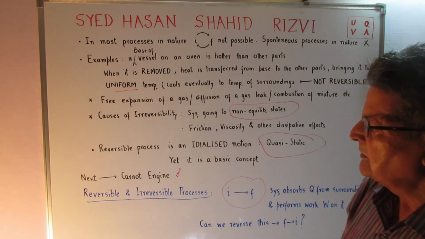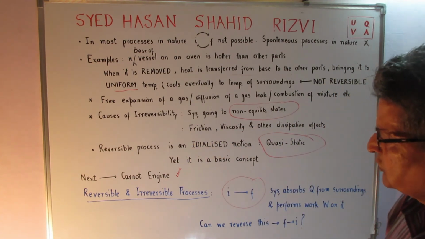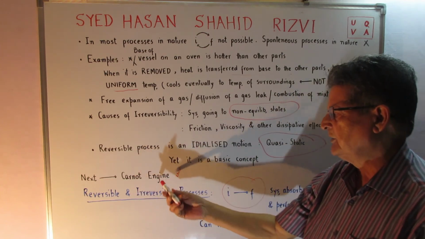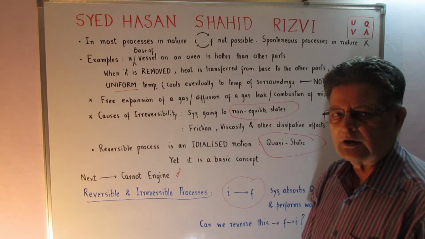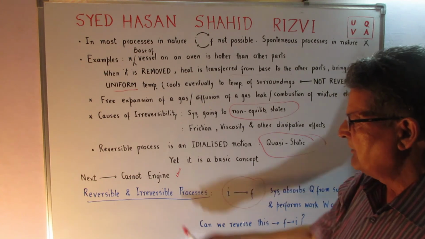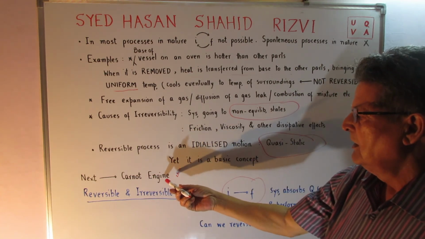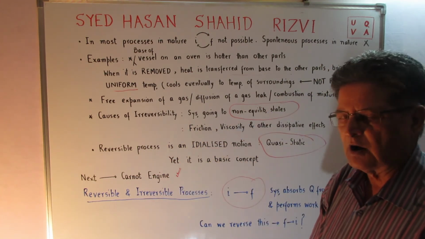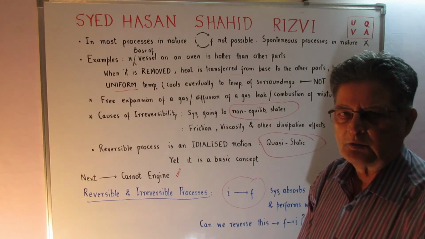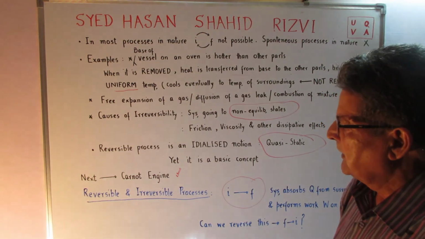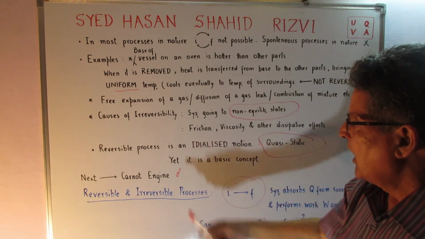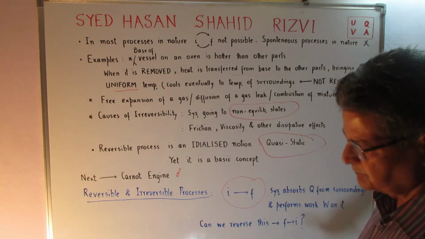The theoretically best engine possible is the Carnot engine, and no other engine can have an efficiency equal to or more than that of the Carnot engine. This is what we are going to talk about in the next outing.